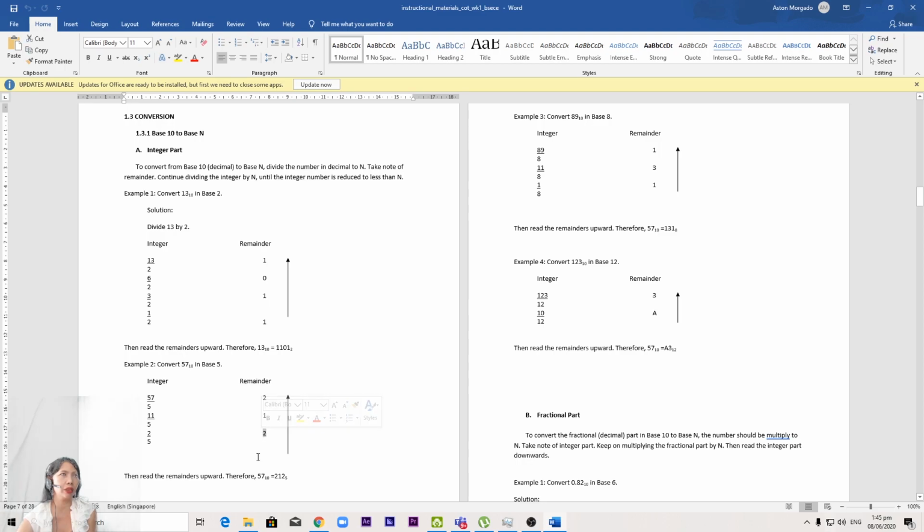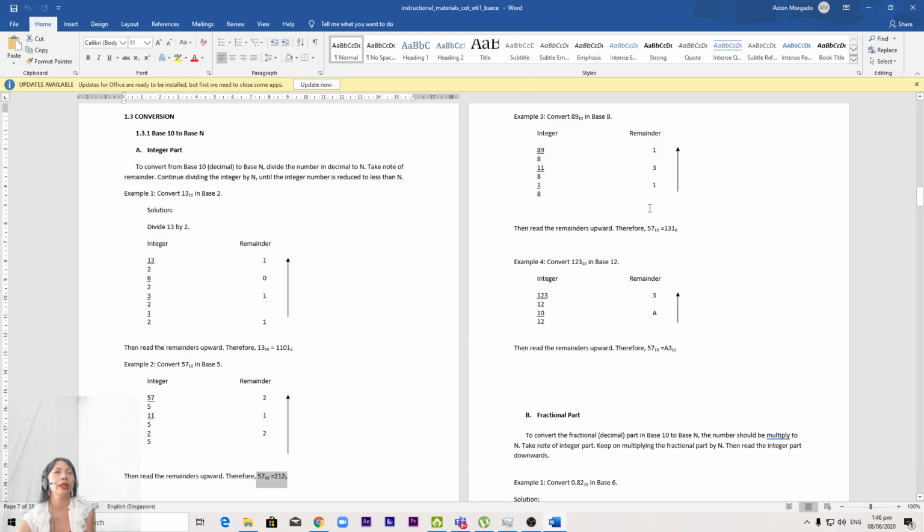So if this is less than the divisor, you already need to just copy. So therefore, then read upwards, so it becomes 57 base 10 is equal to 212 base 5. So we have it right here.